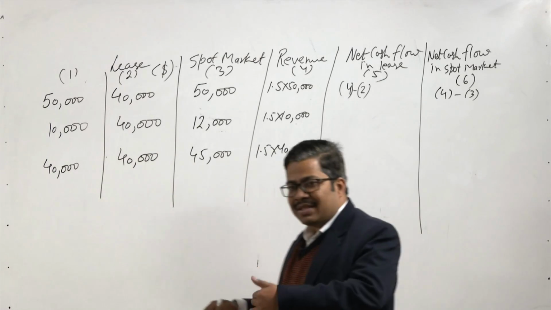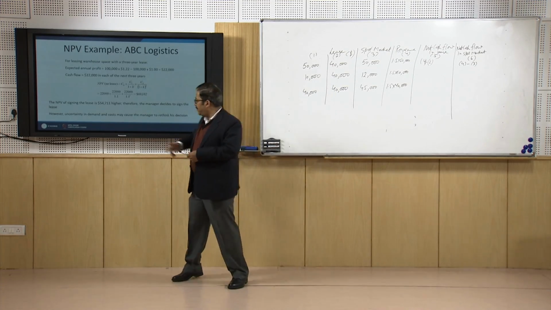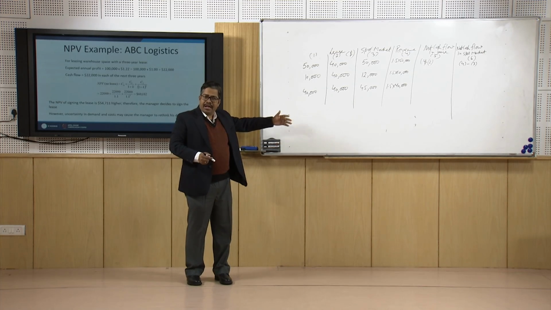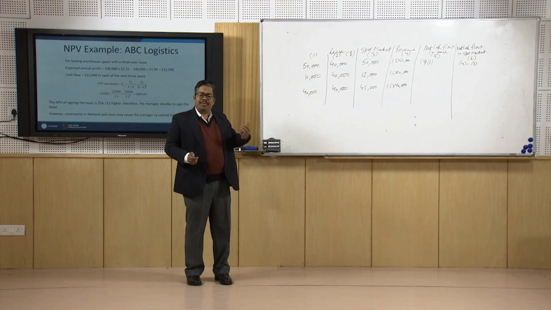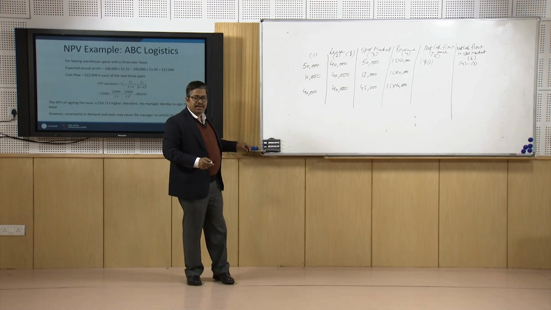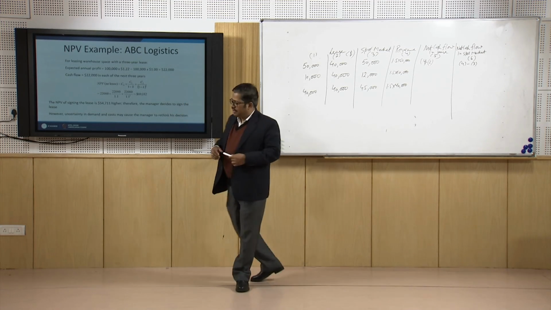So this is one small element of uncertainty with respect to demand that we built into this case, and we saw that it is more profitable to have a decision which is going to help us in creating more cash flow in the present system.